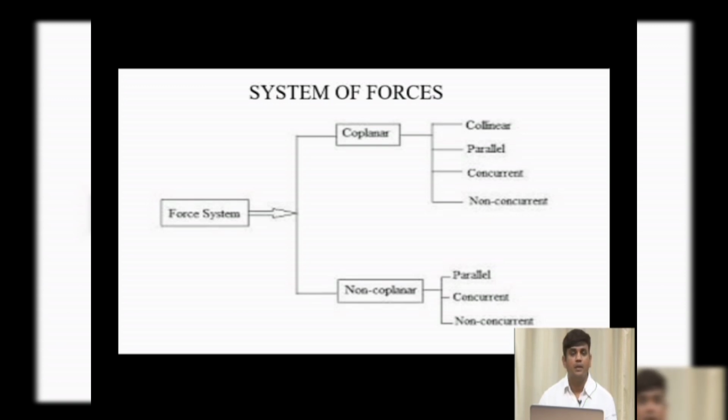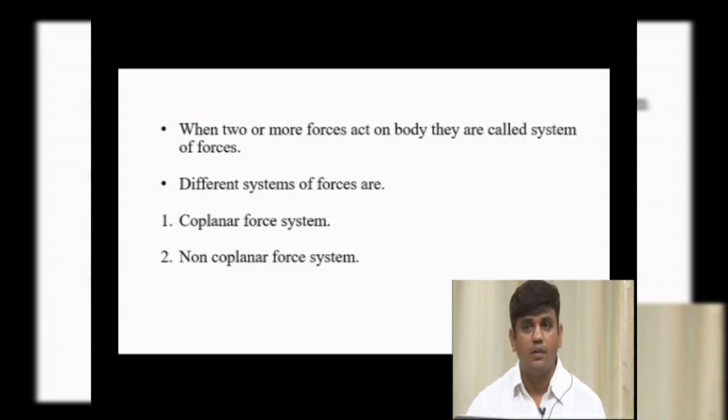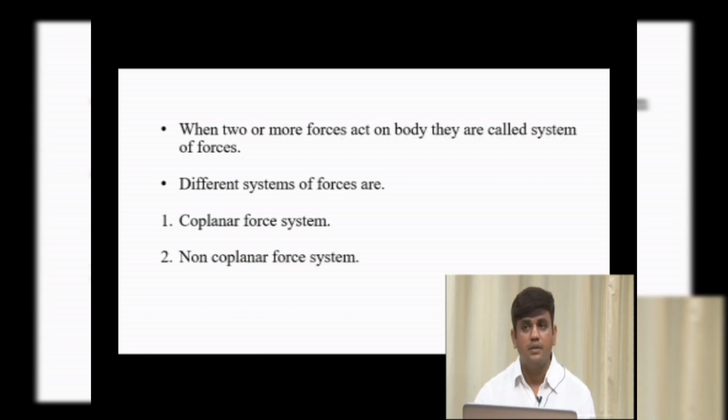Under non-coplanar, there are parallel, concurrent, and non-concurrent; there is no collinear in the non-coplanar system of forces. When two or more forces act on a body, they are called a system of forces.